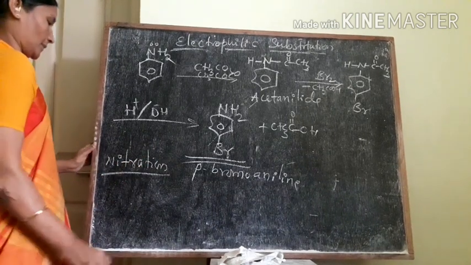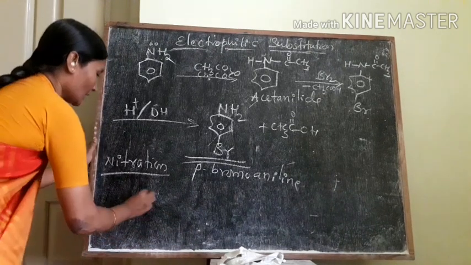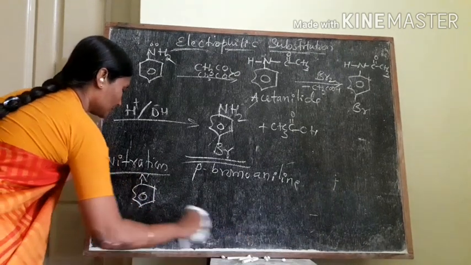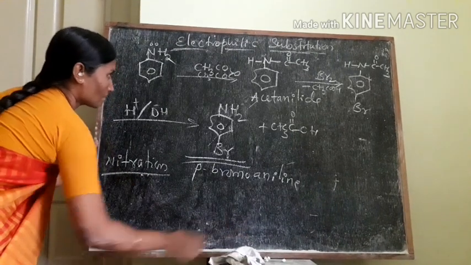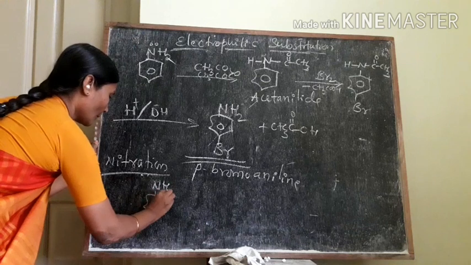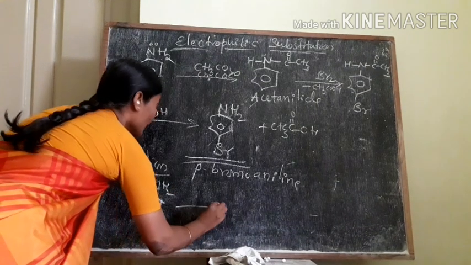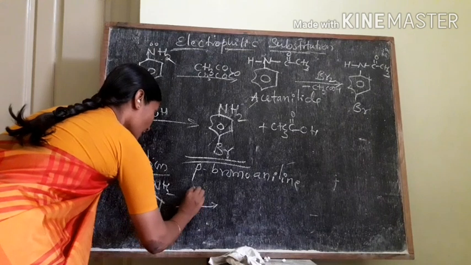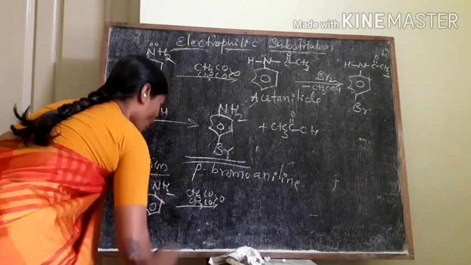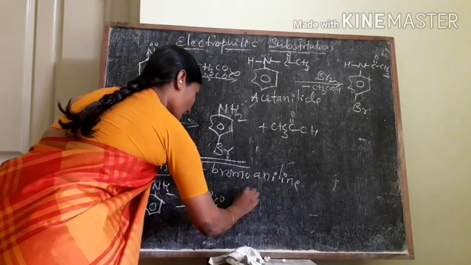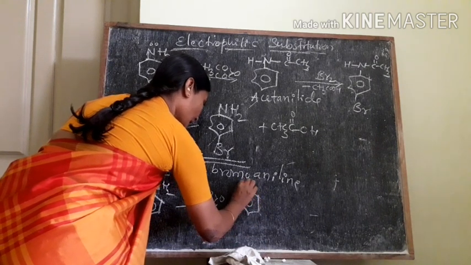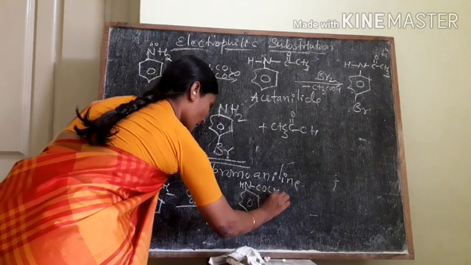Nitration, dilute condition. So in this case what happens? Simply we represent aniline. Definitely it undergoes acylation, CH3CO, and the product is acetanilide, NHCOCH3.